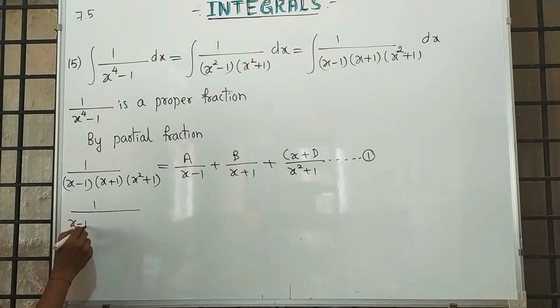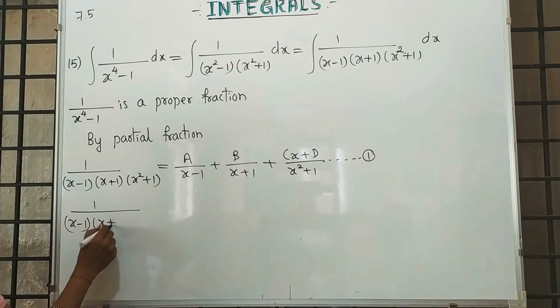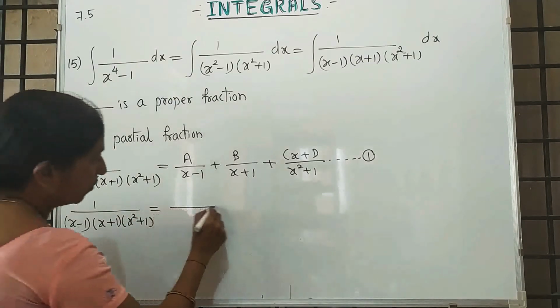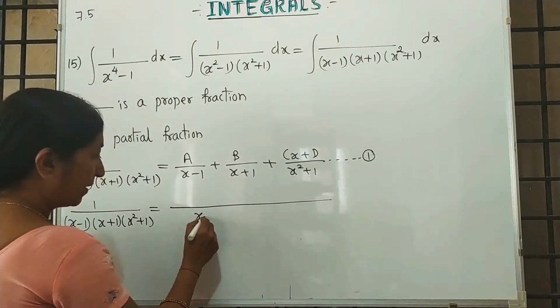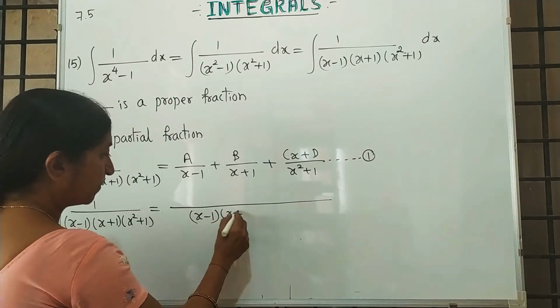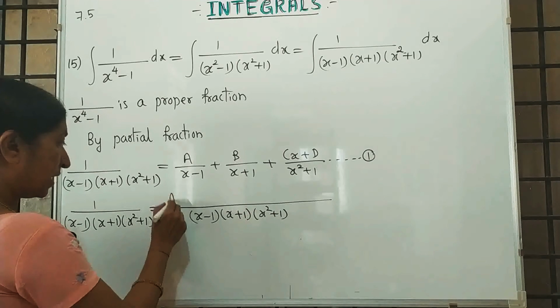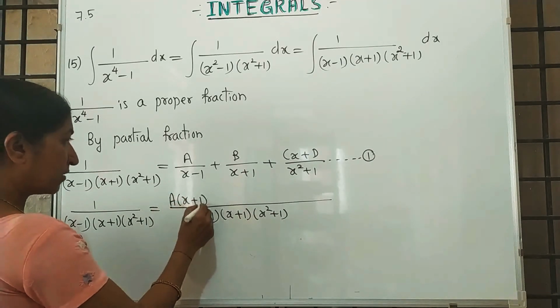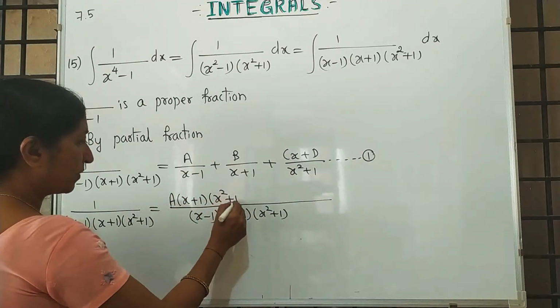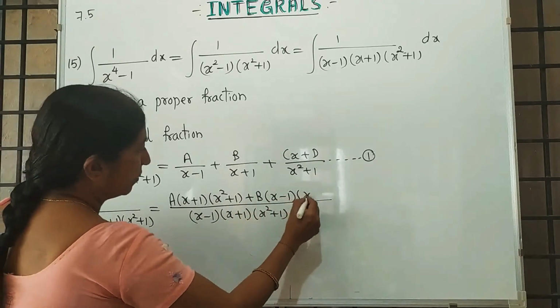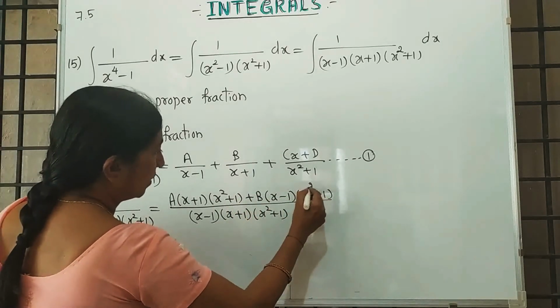1 upon x minus 1 into x plus 1 into x square plus 1 is equal to, already we are familiar, x minus 1, x plus 1, x square plus 1. A is multiplied with x plus 1 into x square plus 1. B is multiplied with x minus 1 into x square plus 1.